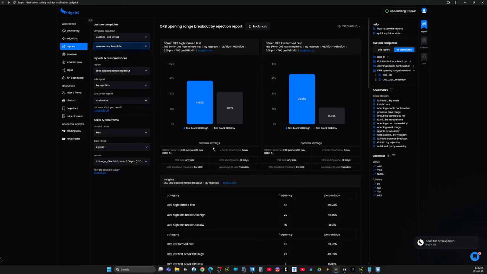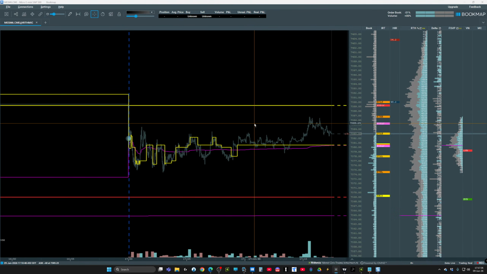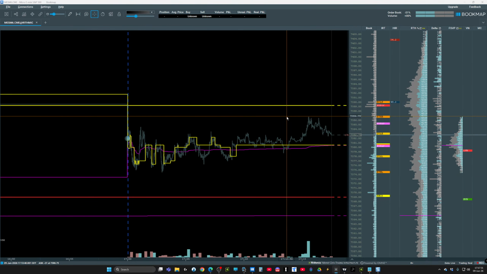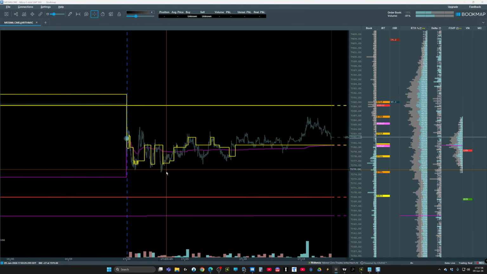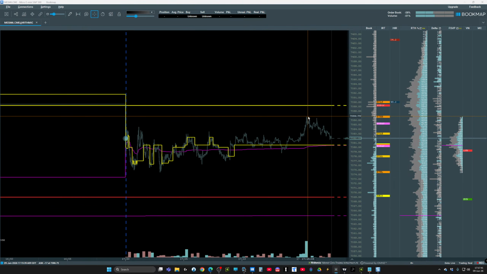So let's just forget the standard report and move on to the rejection, because this is what's meaningful to me anyway. This is based on the opening range breakout in a 60-minute period. So in other words, the first 1 hour over here. And here is the opening range low at this point and the opening range high at this point. So as we stand now, we've put in the opening range low first and then the opening range high, and that's significant.